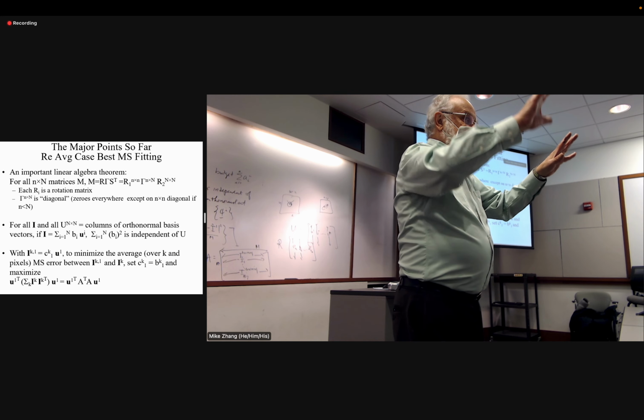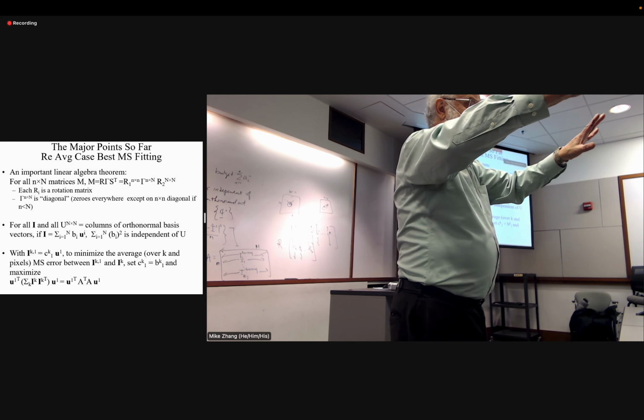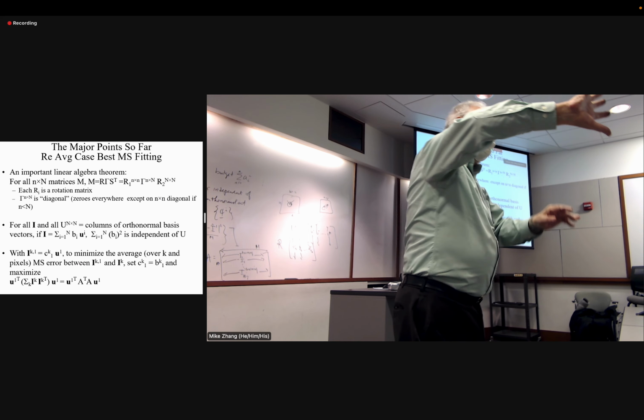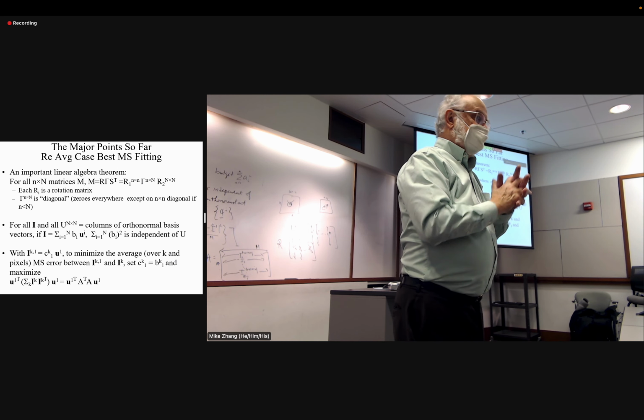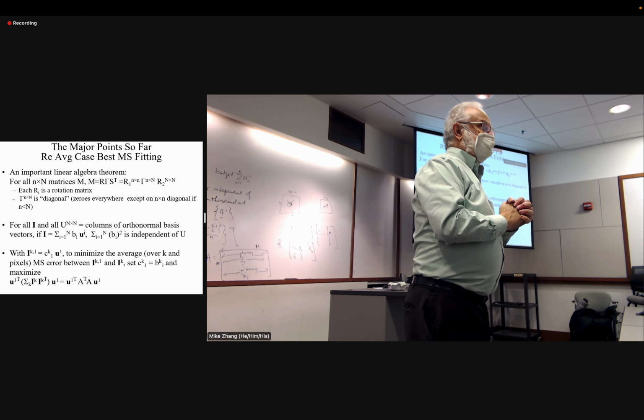For square matrices, we've seen that the two rotations are inverses of each other. You rotate this way, you apply expansion, you rotate back. And that was the basic linear algebra result.